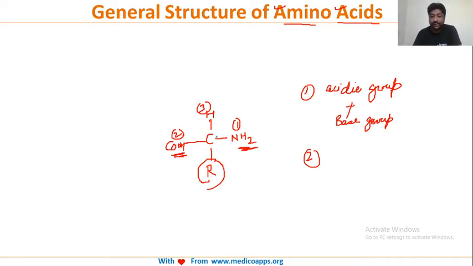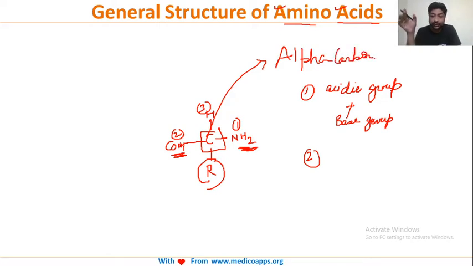This first carbon is having both the functional units attached, the amino group and the acid group. This is called the alpha carbon. Are these concepts clear to you?